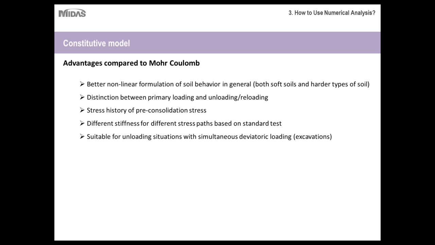For that we require a different Young's modulus, that is EUR. Mohr Coulomb uses just one E50, whereas advanced material models use E50 and EUR wherever it is needed. So there is a distinction that you could capture when you are using an advanced material model.